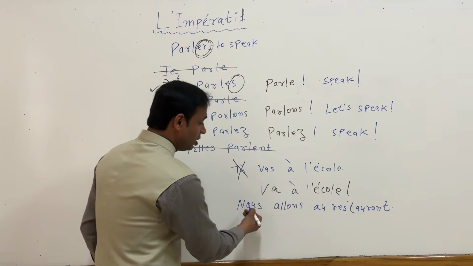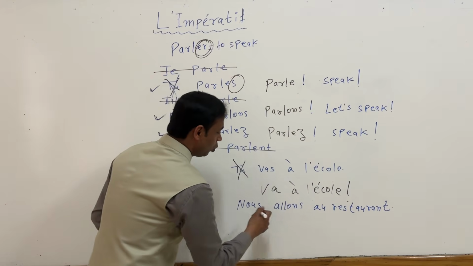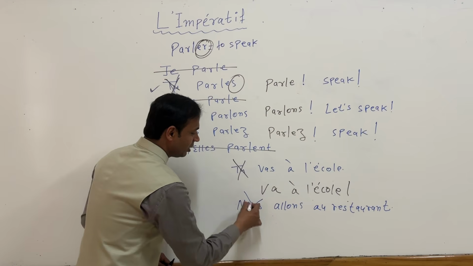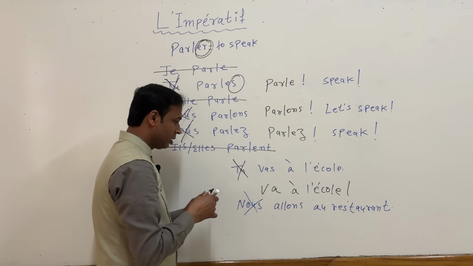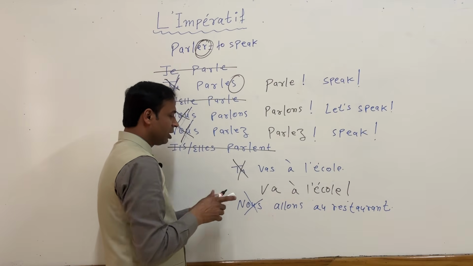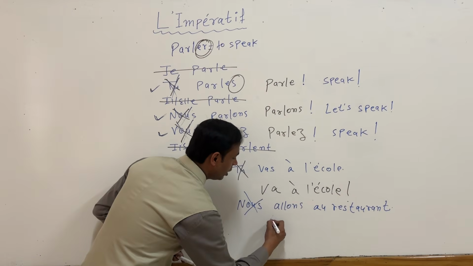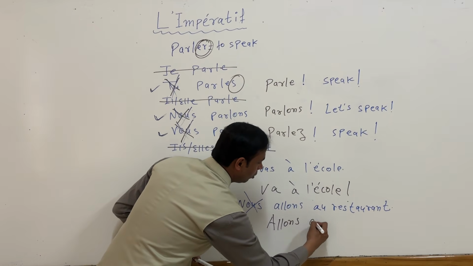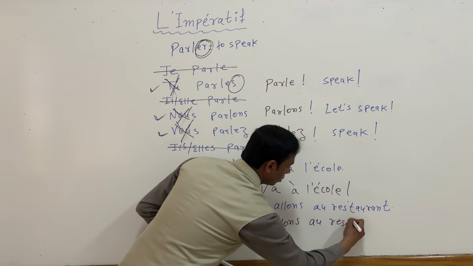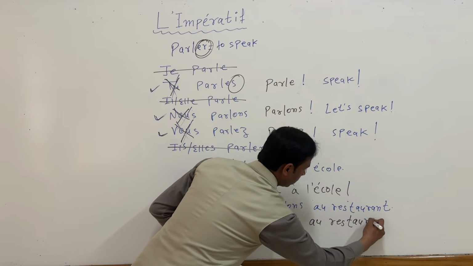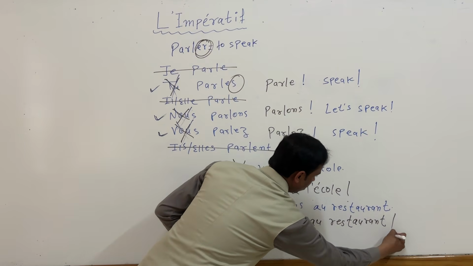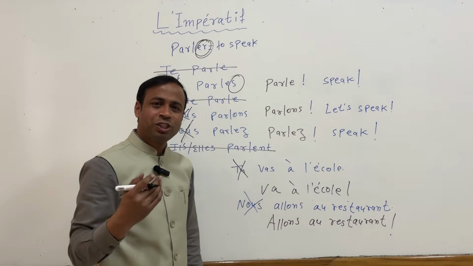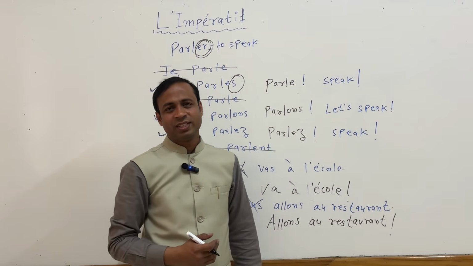This is the nous form, so we don't need the subject. Let me change the color so that it will be visible to you. Just write like this: Allons au restaurant. Allons au restaurant, which means let's go to the restaurant.